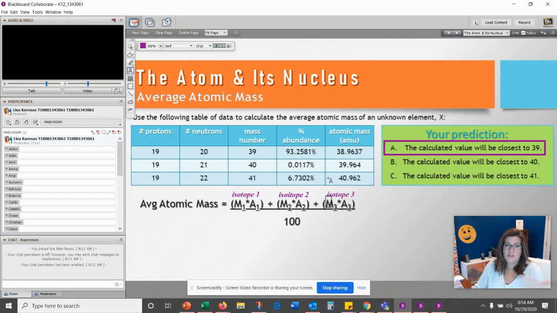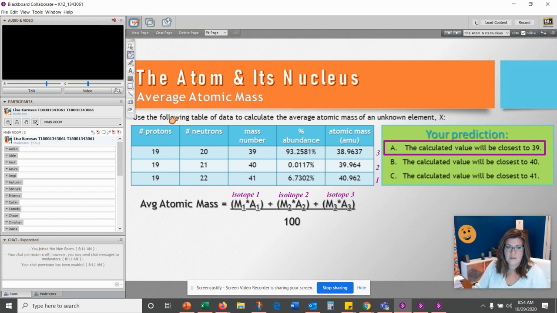Which one's isotope 1, 2, 3? Doesn't matter at all. And to prove it, I'm going to do it the opposite of how I have the example worked in the image above, where I have isotope 1, isotope 2, and isotope 3. It doesn't matter if my most abundant is 1, 2, or 3, just so that we combine the mass and the abundance of one isotope together.